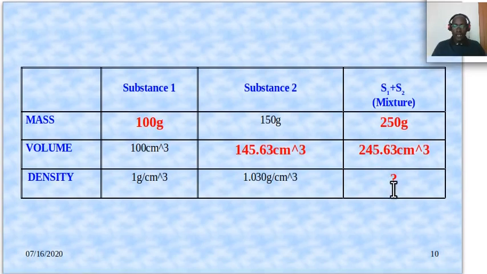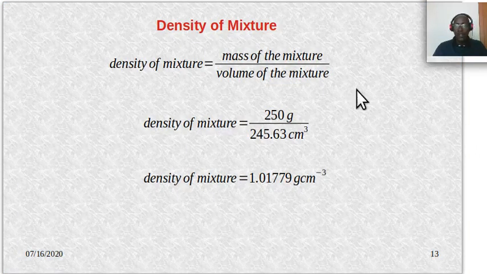Right. So you can see now we have the volume of the mixture and we have the mass of the mixture. Now we need to determine the density of the mixture. So to get the density of the mixture, we need to go back to our formula. We know that the density of the mixture is given by the mass of the mixture divided by the volume of the mixture.